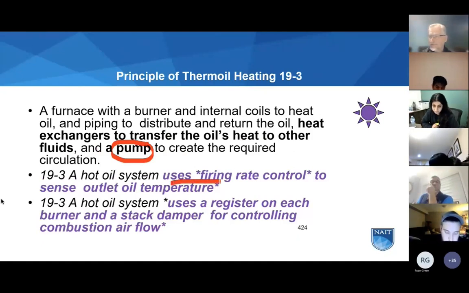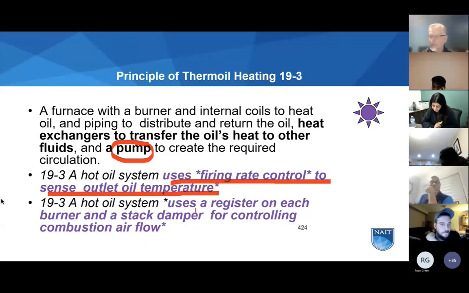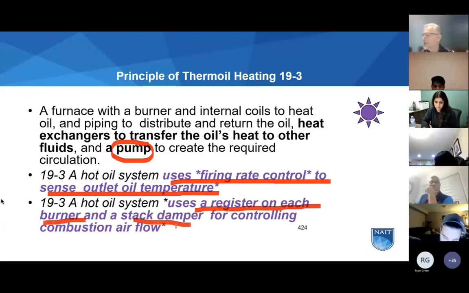Hot oil systems use something called firing rate control to sense the outlet oil temperature. The furnace itself in a hot oil system has registers on each burner and a stack damper for controlling combustion airflow. And we have a couple of diagrams.